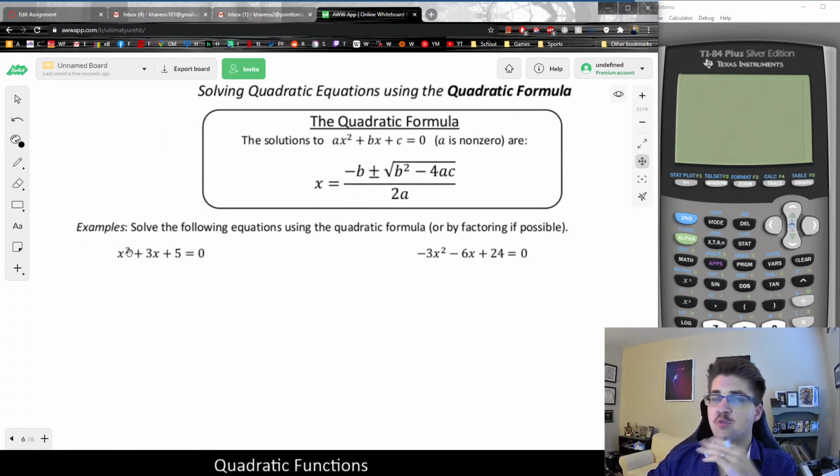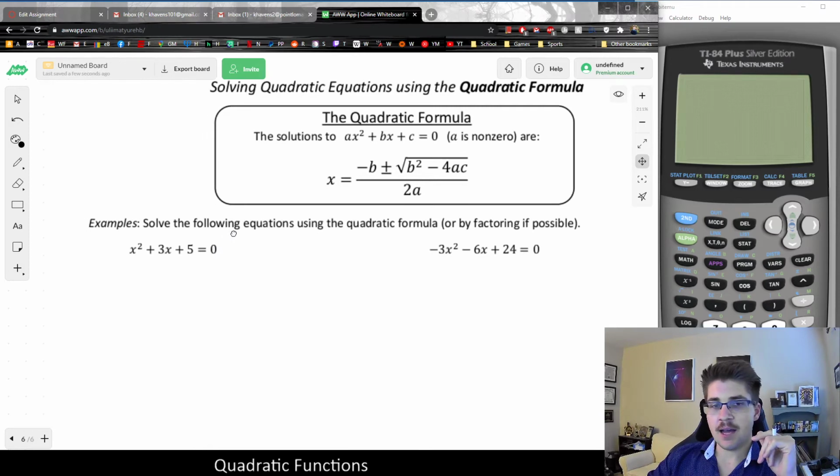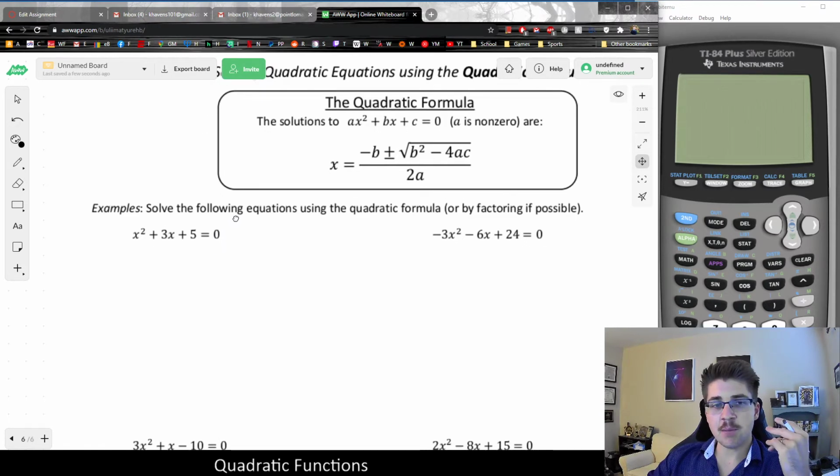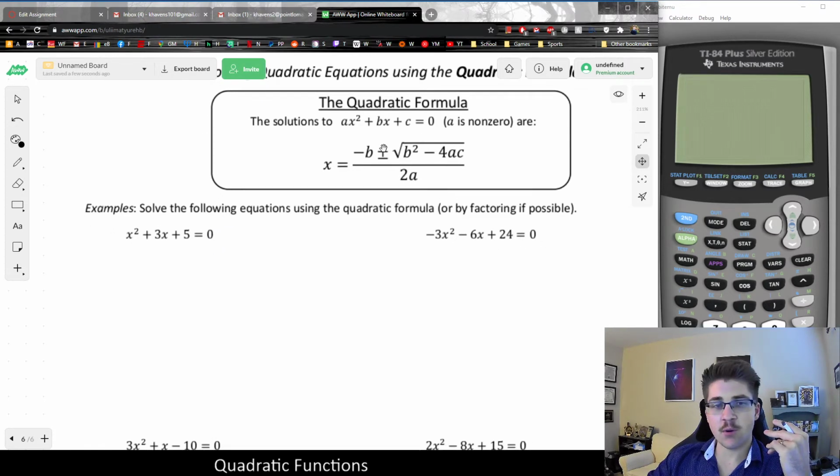The quadratic formula is useful for solving a quadratic equation, but that's also the same as finding the x-intercepts, because when I've set something equal to 0, that's basically a synonym for the x-intercepts of a graph. Or we sometimes also call them the roots or the zeros. So let's look at a couple examples and apply the quadratic formula to solving quadratic equations.